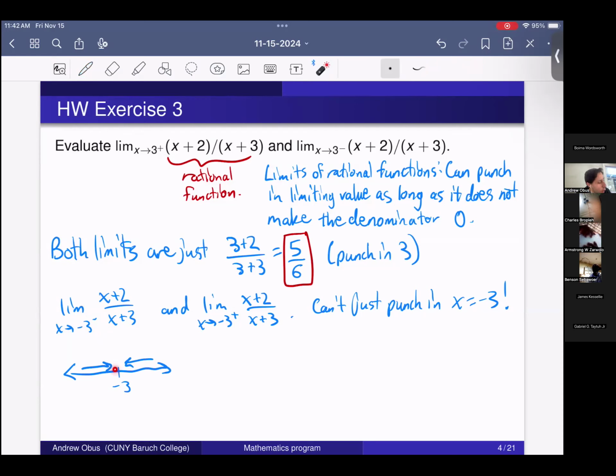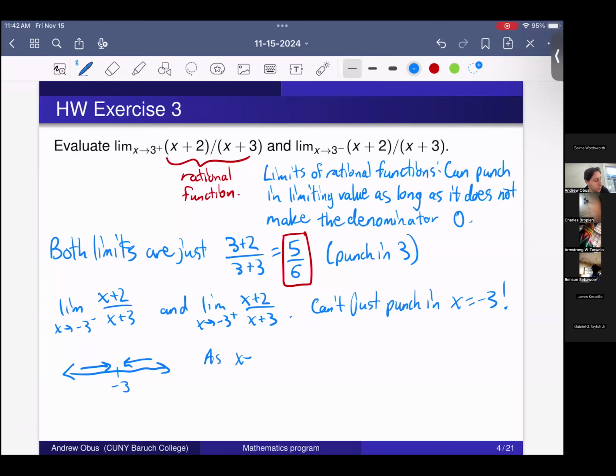So that means our x value is going to be something that's just a tiny bit less than -3. So as x approaches -3 from the minus side, x is a small bit less than -3.